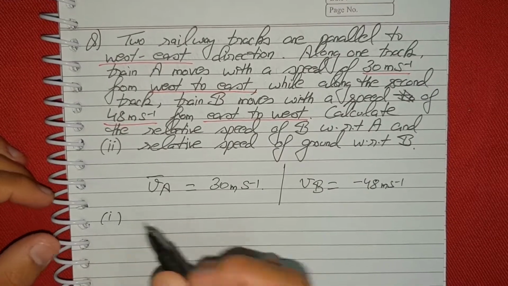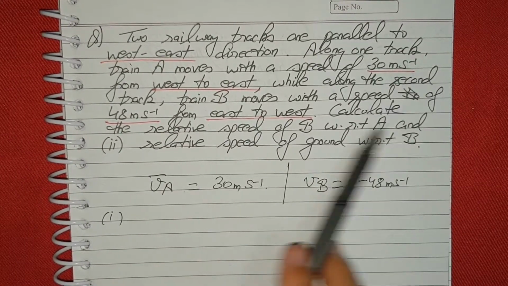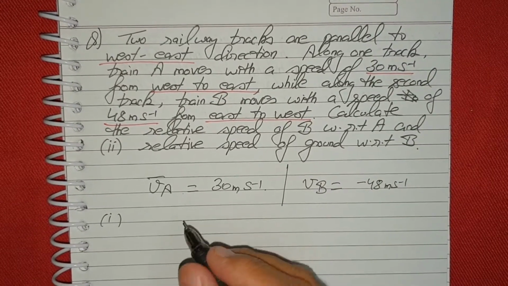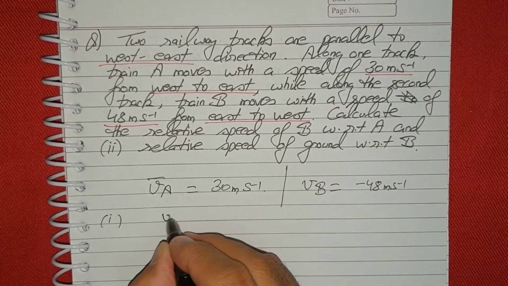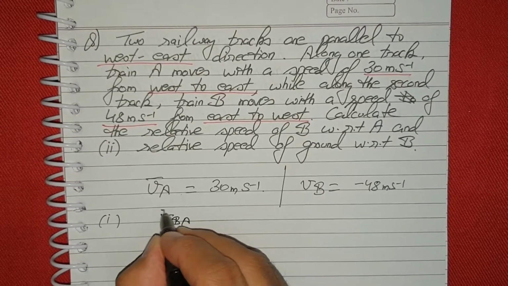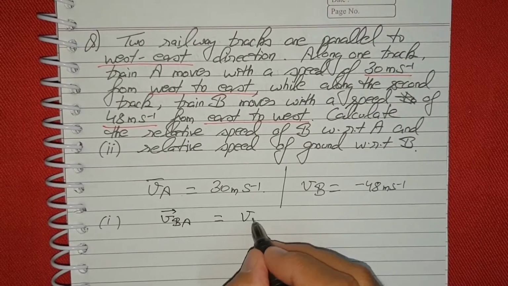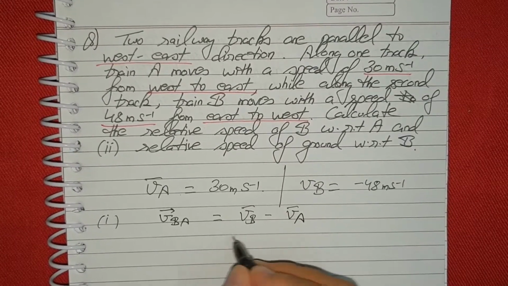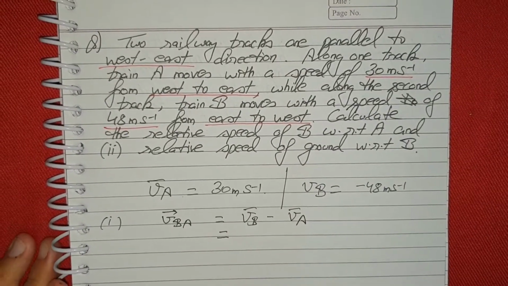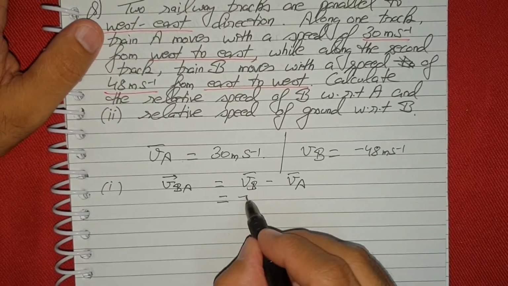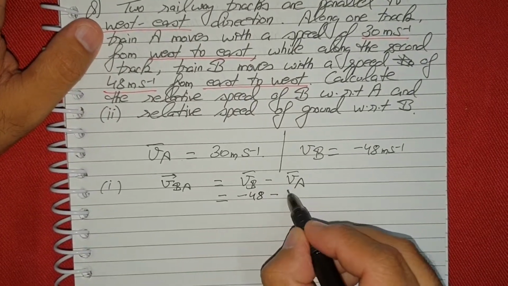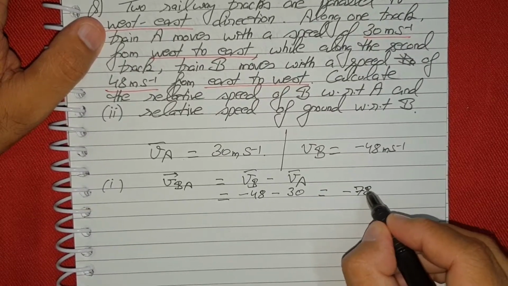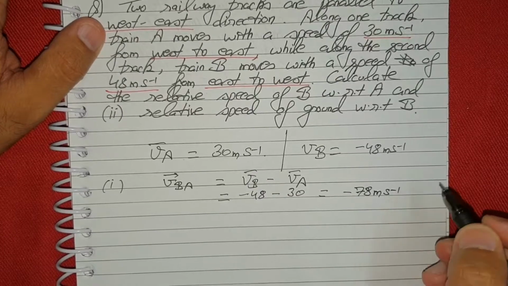Now the first part is to calculate the relative speed of B with respect to A. So the relative speed of B with respect to A is given as VBA, simply VB minus VA, that is equal to minus 48 minus 30, which is minus 78 meter per second.